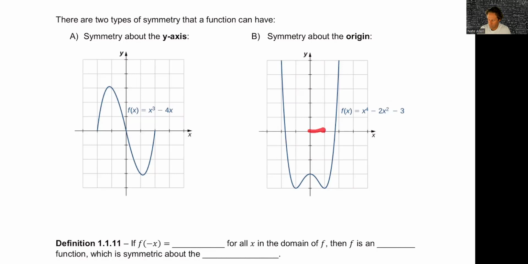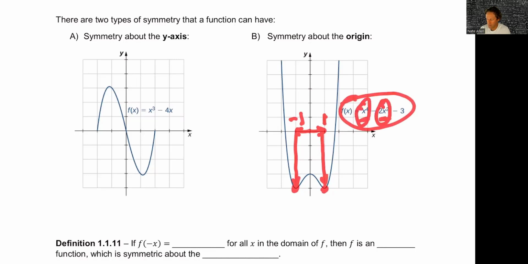Well, if I went right one and left one, so I did the opposite. Here I went 1, here I went -1 for my x. Notice what my y values, the outputs would be for those. Here and here, they would be the same, that -4. You can punch it into here, both the +1 for the x and the -1 for the x. Work this all out and you would get the same value.